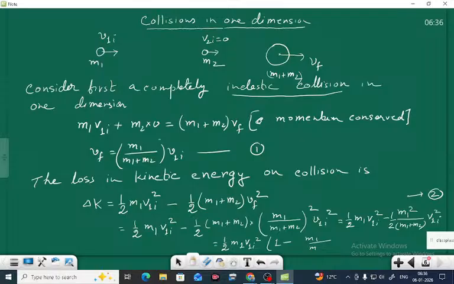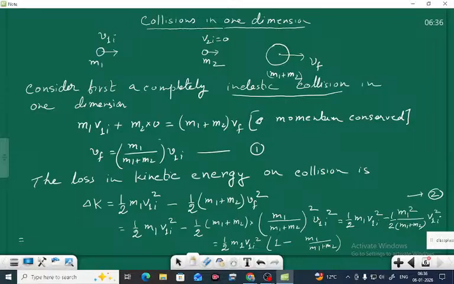If we calculate this, m1 plus m2 minus m1, the m1 cancels, leaving m2.